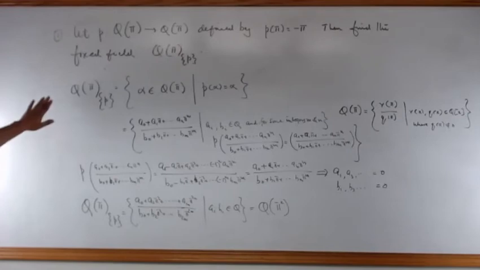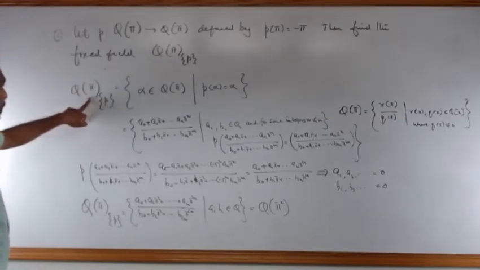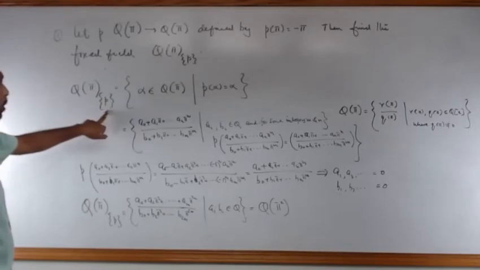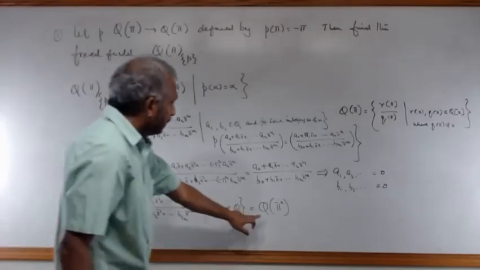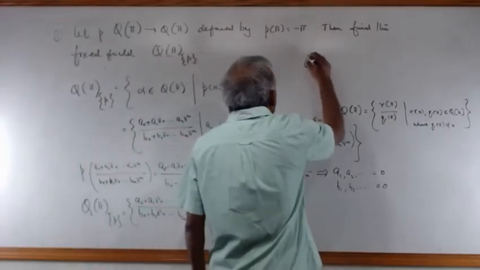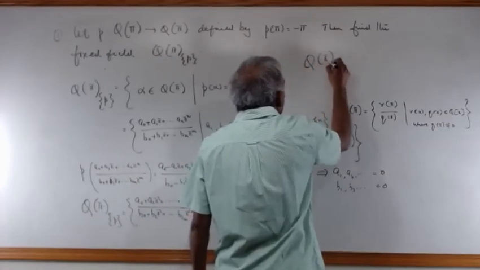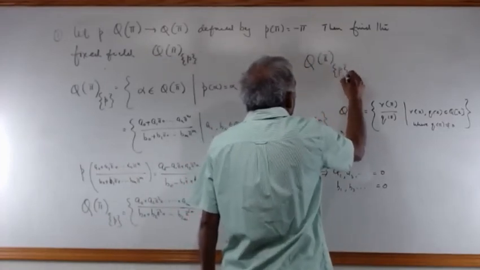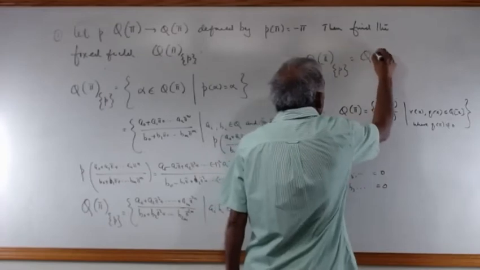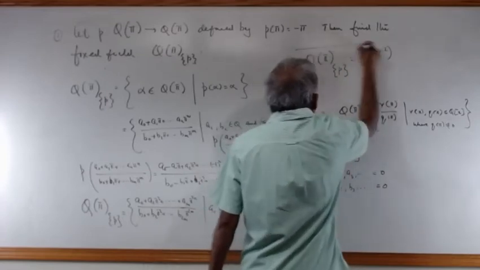So the fixed field of Q of pi over this automorphism is this. So the fixed field of Q of pi under P is equal to Q of pi square.